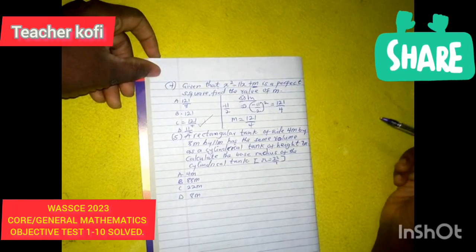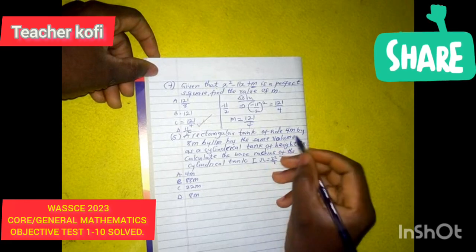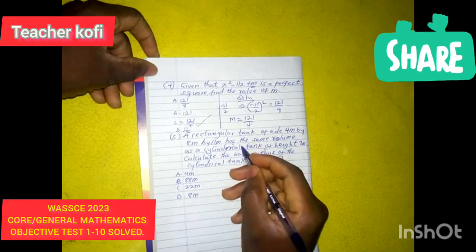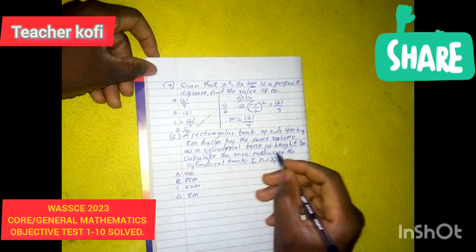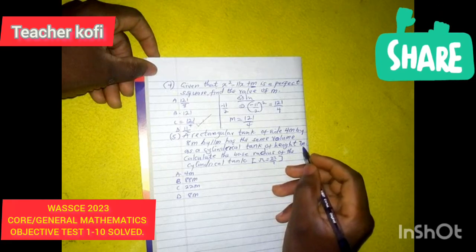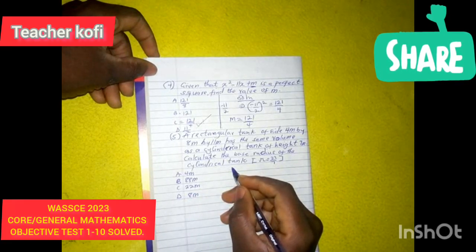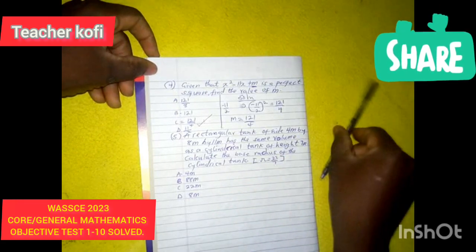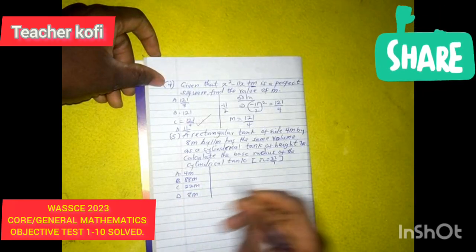A rectangular tank of size 4 meters by 8 meters by 11 meters has the same volume as a cylindrical tank of height 7 meters. Calculate the base radius of the cylindrical tank. Okay, so these are the answers.